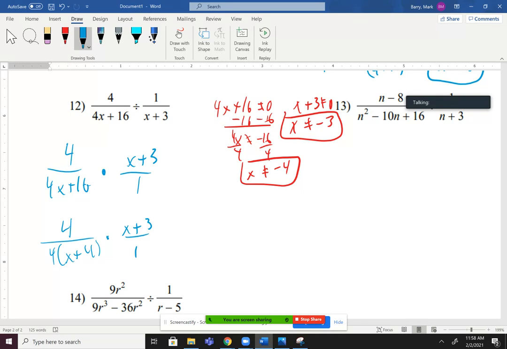So if I GCF the 4, I'm left with x plus 4. I can cancel out these 4s here. There's nothing else I can cancel out, so I'm just going to get x plus 3 over x plus 4.